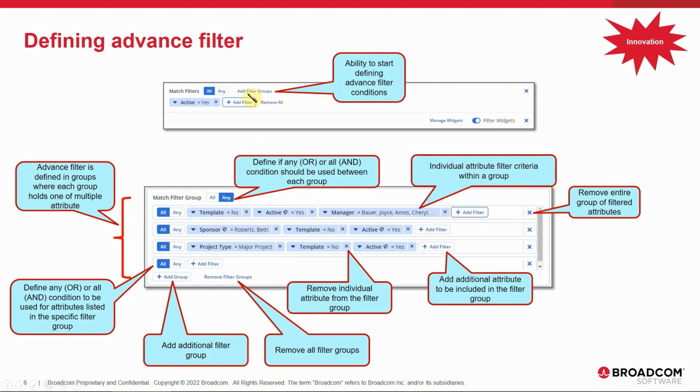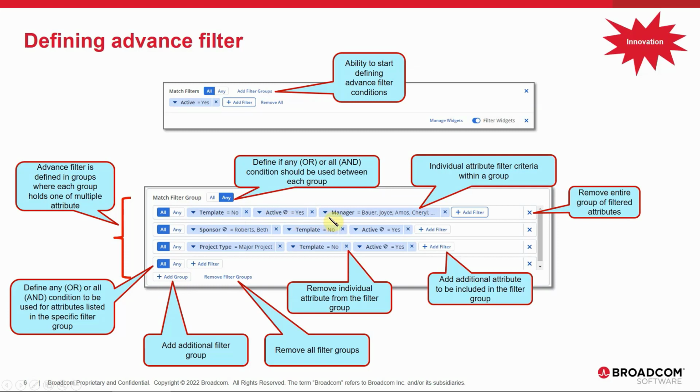Clicking on a filter group will take the first set of conditions that were already defined and put them in a group of their own, and create a second group where the user can now start defining new filter conditions. And they can continue to add multiple filter groups by clicking on the add button.